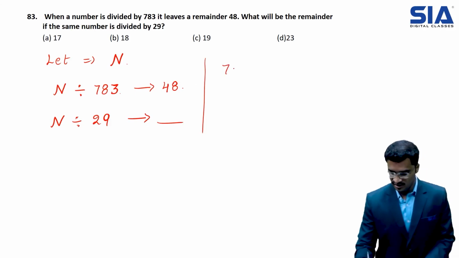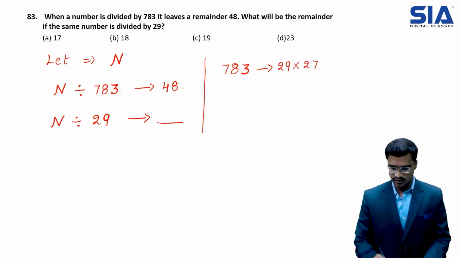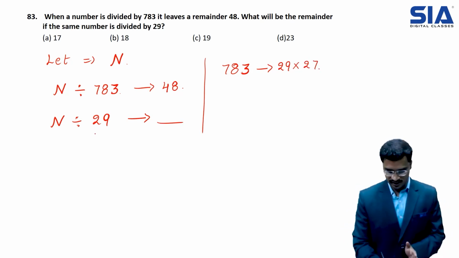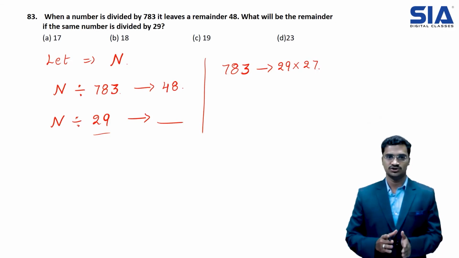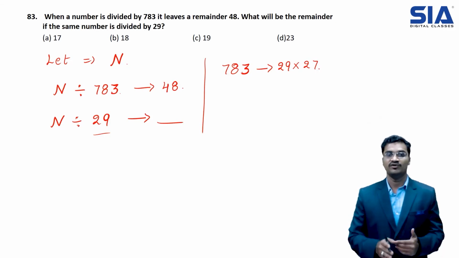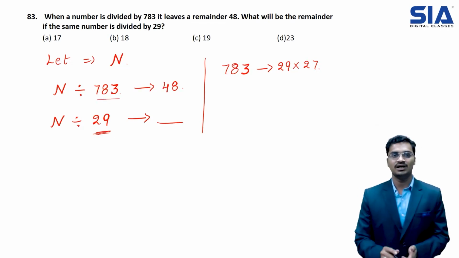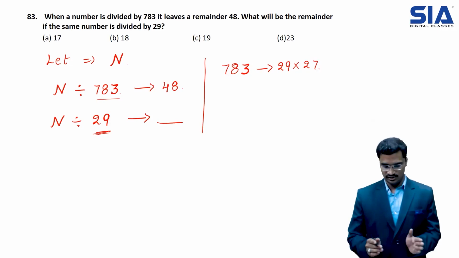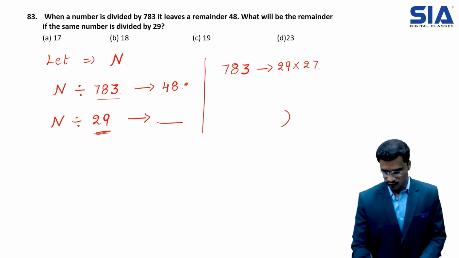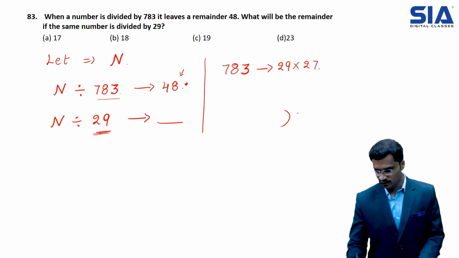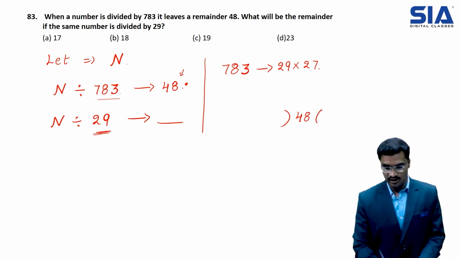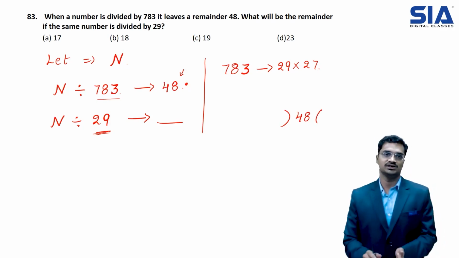783 can be written as 29 multiplied by 27. So 783 is nothing but a multiple of 29. Whenever you see questions like this, where a number n is divided by a bigger number and a smaller number, and the bigger number is a multiple of the smaller number, then we have to divide the remainder by the smaller number, and that remainder is our actual remainder.